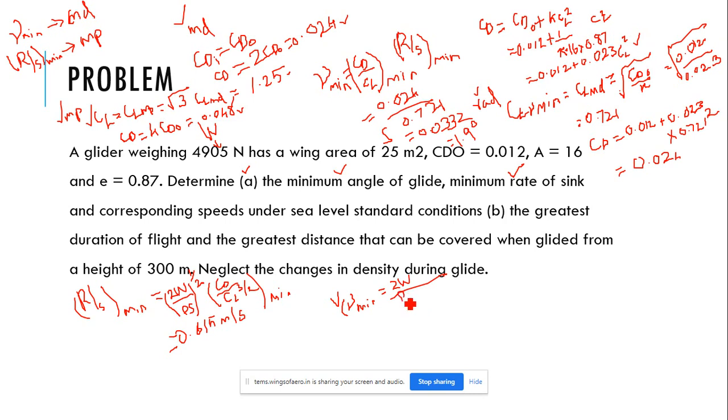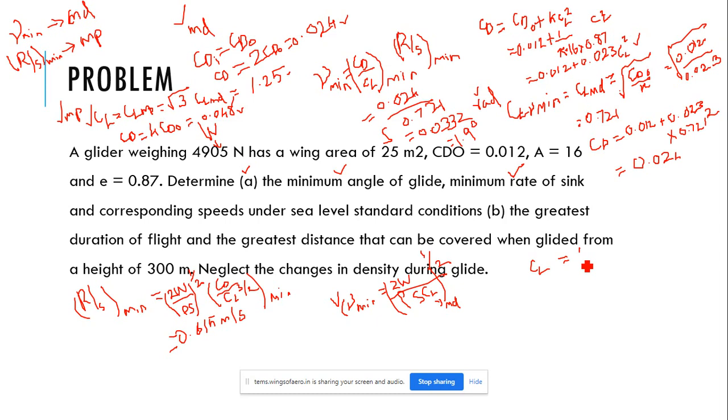2W divided by rho S CL, whole power 1 by 2. Both are the same formula only. The only thing is, for gamma minimum we should use CL of MD.